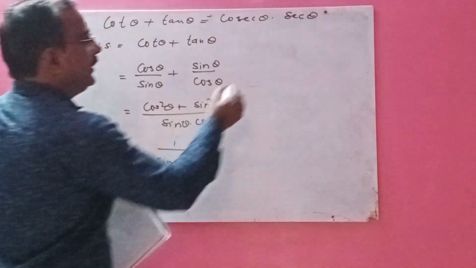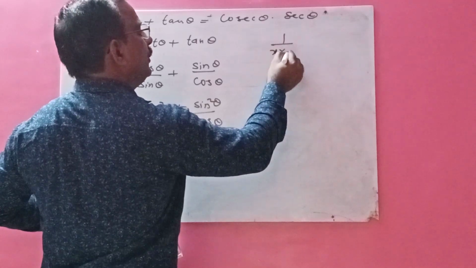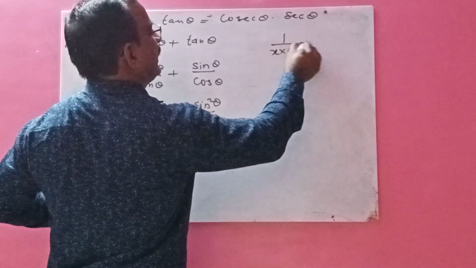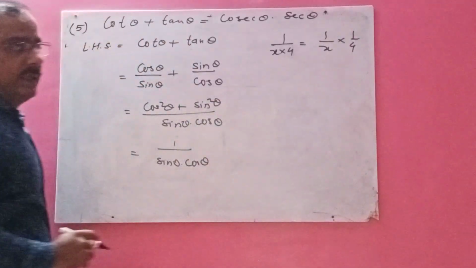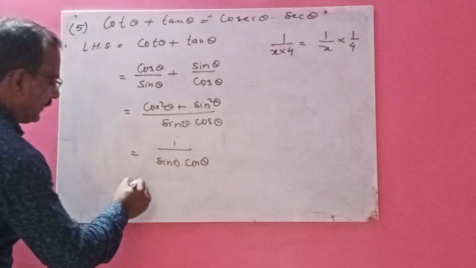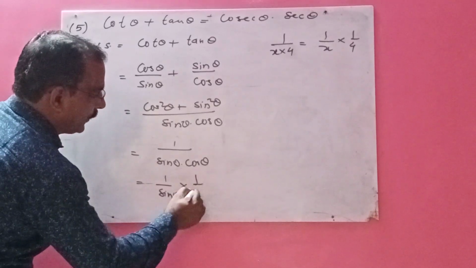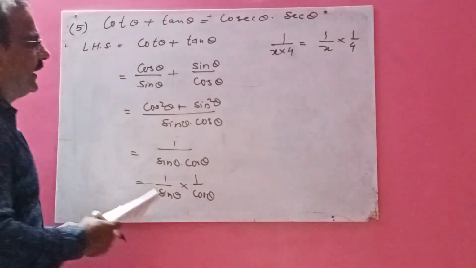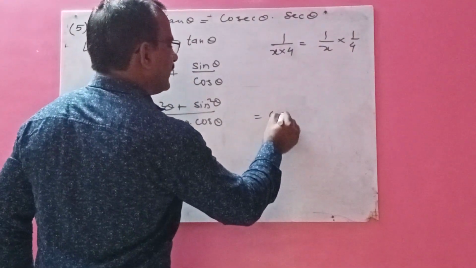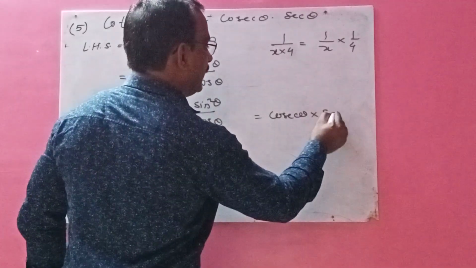What is this one? Children, if it is written here 1 upon x into 4, it can be written as 1 upon x into 1 upon 4. Same thing is here. It can be written as 1 upon sin theta into 1 upon cos theta. So 1 upon sin is what? 1 upon sin is cosec theta, into 1 upon cos is sec theta.